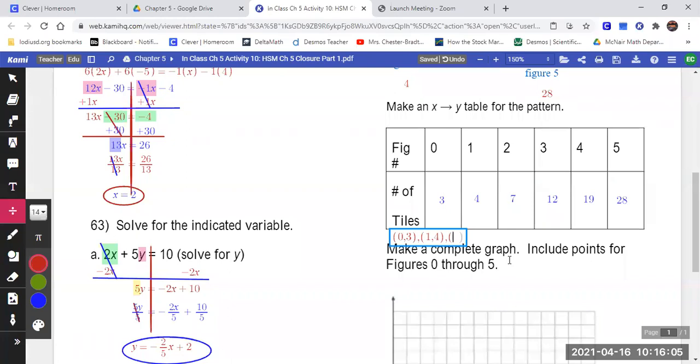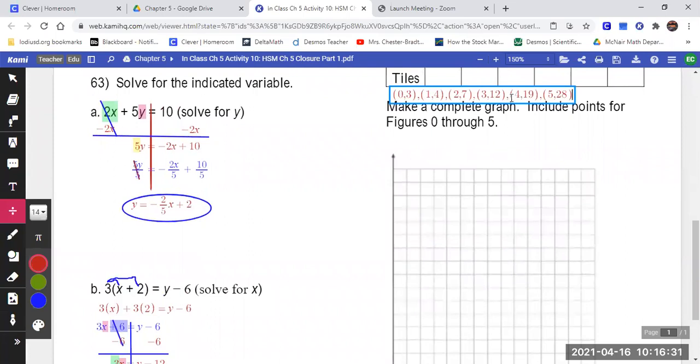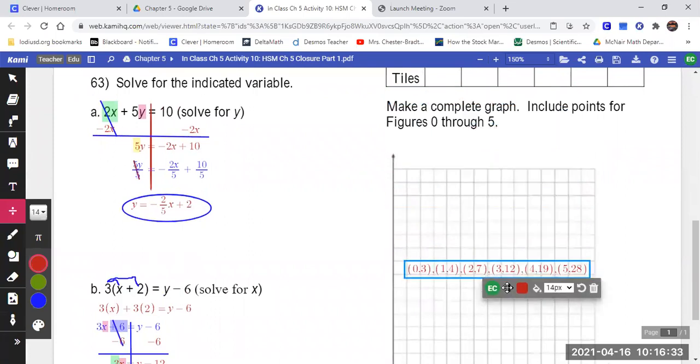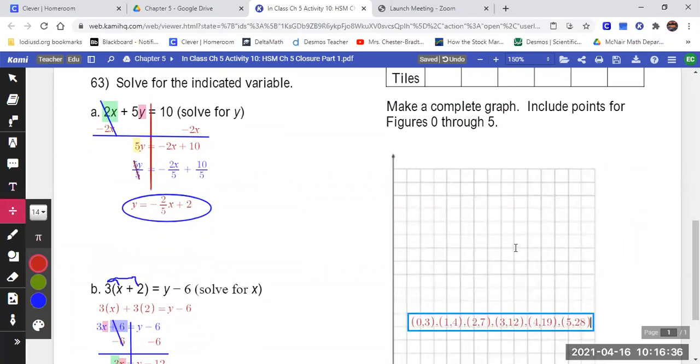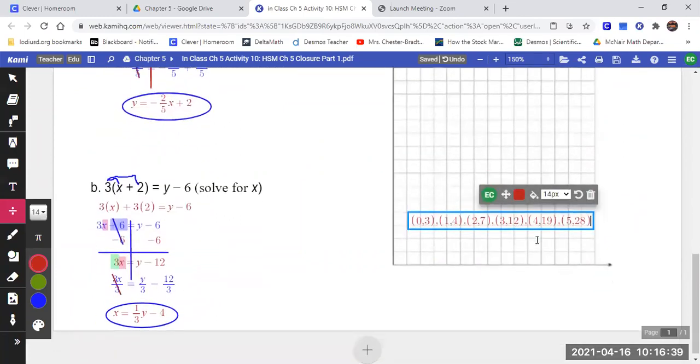Keep going. 2, 7. 3, 12. 4, 19. 5, 28. Right? And we're going to go graph it. So I'm going to take this list that I just made and I'll move it down below so that I can graph it and have the list at the same time.